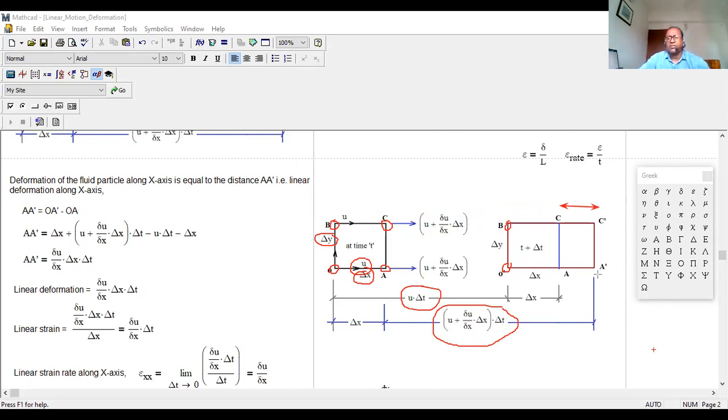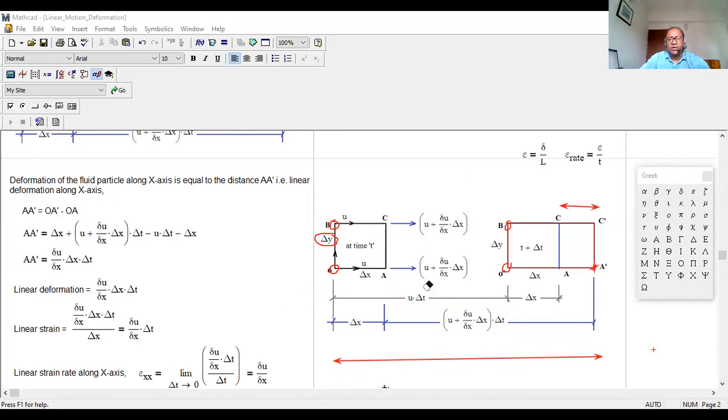How can we figure out this distance? We already know the distance from this point to this point is this one. So how much is the distance from here to here? We just add delta x, because this portion's length is delta x. So right now we have the distance from this point to this point.